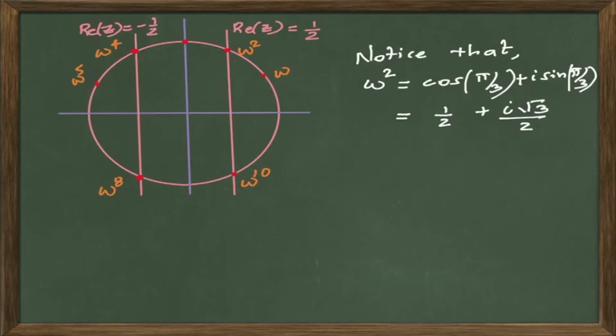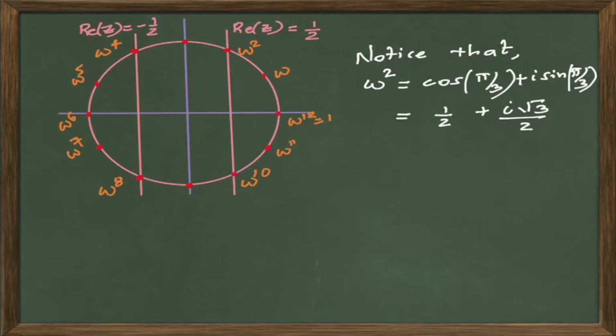Omega 6 is this point, and omega to the power 7 corresponds to this point, and so on. So we have the point omega 8 already. This is the point corresponding to omega to the power 9. Omega to the power 10 is already here. Omega to the power 11 corresponds to this point, and omega to the power 12 corresponds to this point, which is equal to 1.